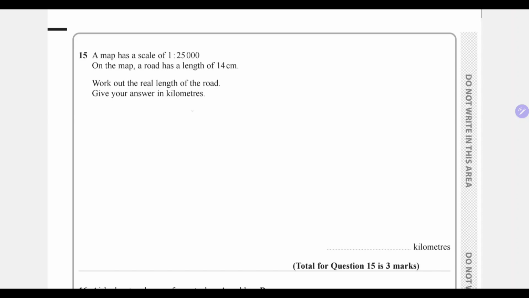Right, so if we know that 1 centimeter on our map represents 25,000 centimeters in real life, then if the road is 14 centimeters long, we have to multiply both sides by 14. So 25,000 multiplied by 14 gives us 350,000 centimeters.